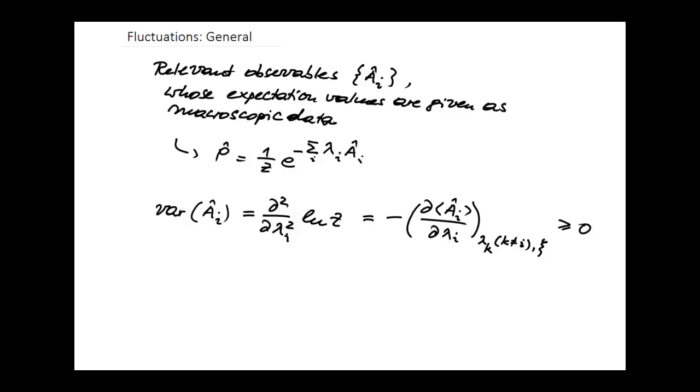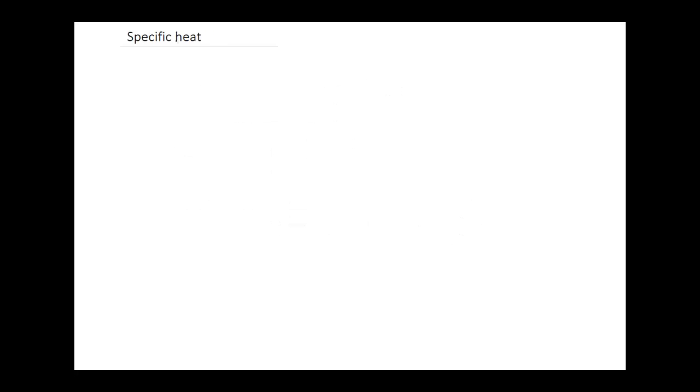What we saw on the previous page was just a special case where you had a single relevant observable, namely the Hamiltonian, and the associated Lagrange parameter was beta. Now these fluctuations are very often related to thermodynamic coefficients.